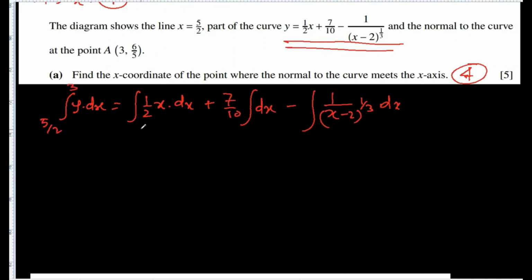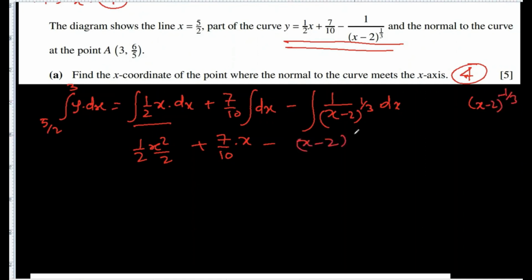So the integration of this becomes half x square over 2 plus 7 over 10 x, and the integration of this is, again we'll use the one, x minus 2 to the power minus 1/3. So in integration, it goes up by 1.